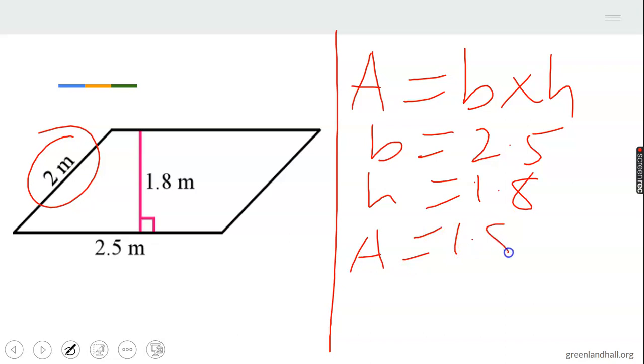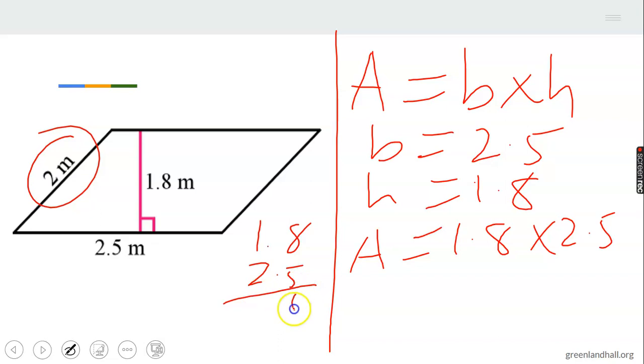Area equals 1.8 times 2.5. Let's do it here. 1.8 times 2.5. 8 times 5, that is 40. 0, you bring 4 here. 5 times 1, 5, plus 4, that is 9.